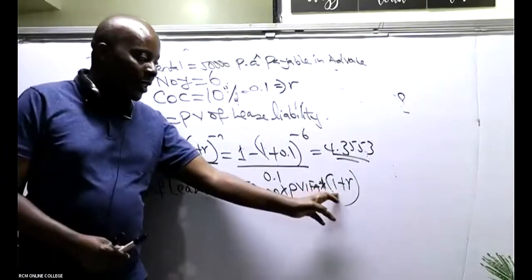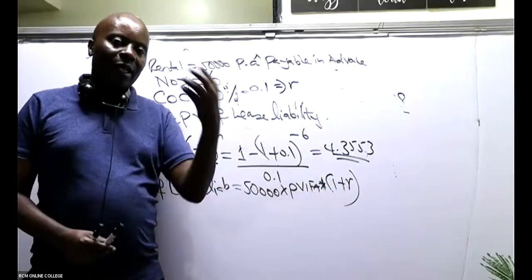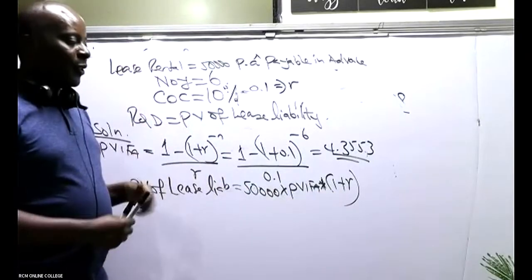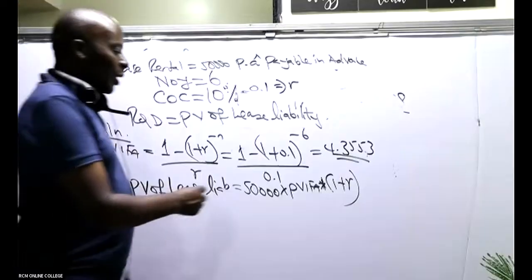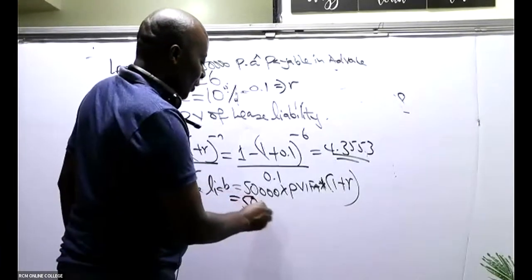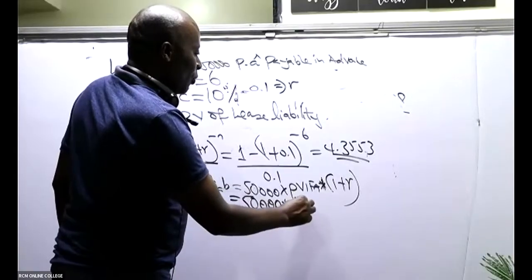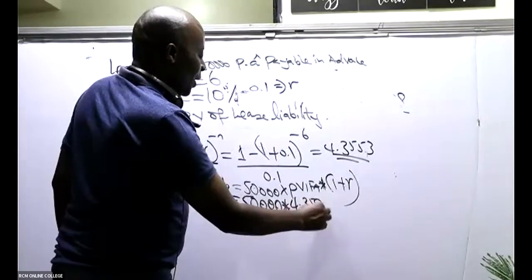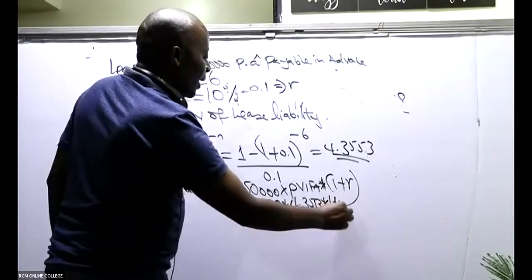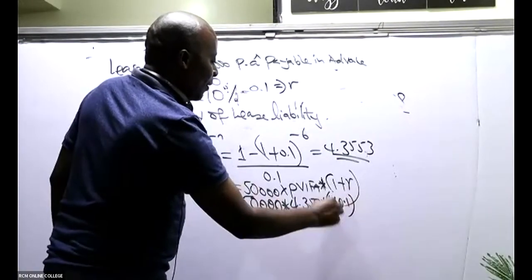You should always add this 1 plus R, to take care of that term which comes up front. So this will be 50,000 times our PV-FA of 4.3553 times 1 plus 0.1.